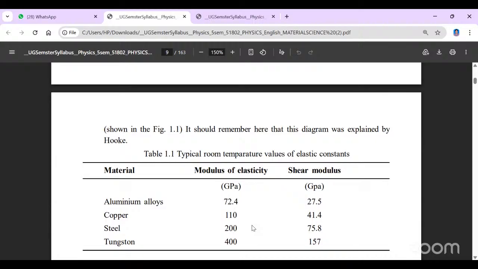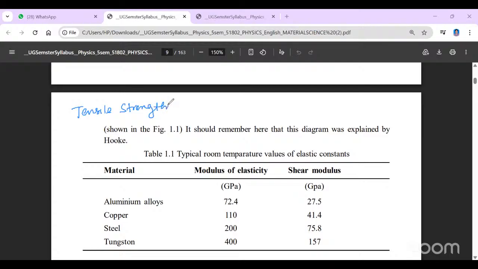Then after that we have another one, which is tensile strength. Okay, tensile strength. This tensile strength is another important property which we have.